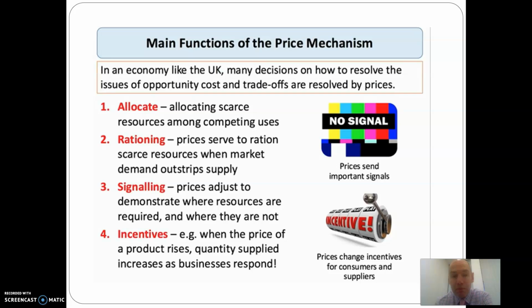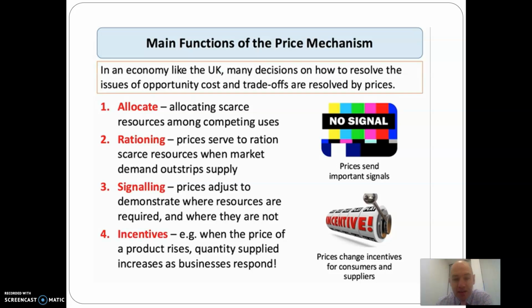Okay, so those people prepared to pay the price, that's who goods are rationed towards. In terms of prices, prices also provide a signaling function, and they will adjust, and firms and consumers will adjust their spending plans and their production plans accordingly.